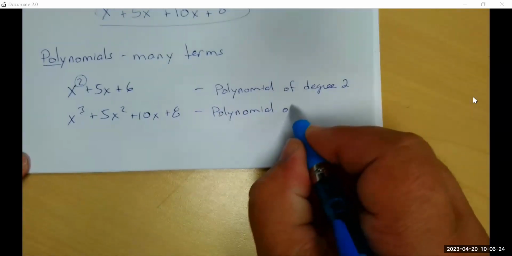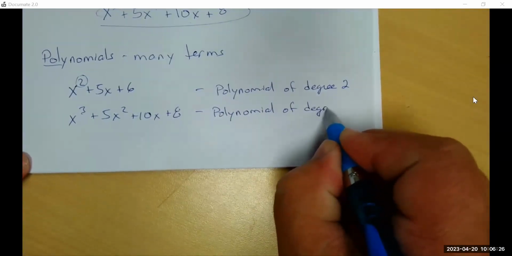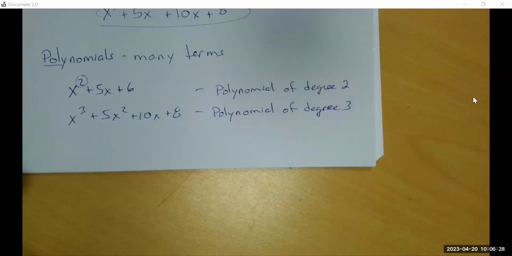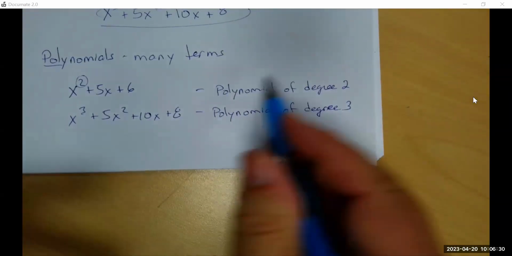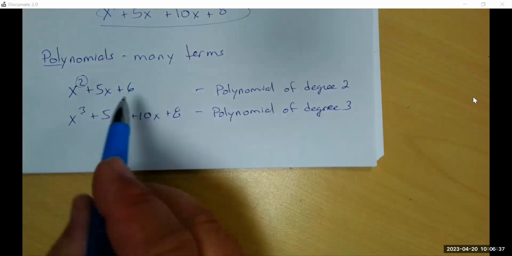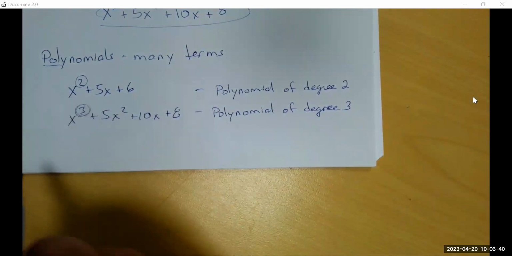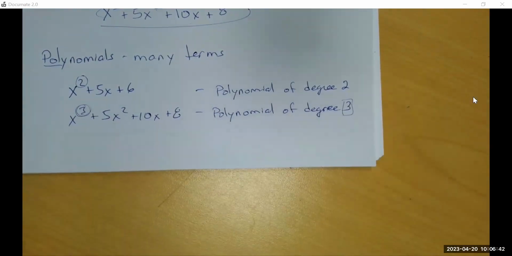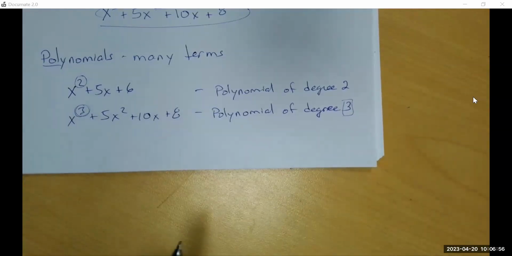This one is a polynomial of degree 3. So that's how we distinguish all of them. We have a polynomial of degree 3. We have a polynomial of degree 4. Whatever the highest exponent is, that's the degree. So far, so good. That's just naming the nomenclature for it.